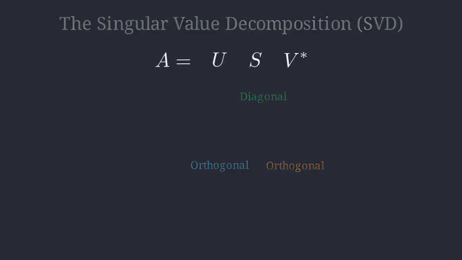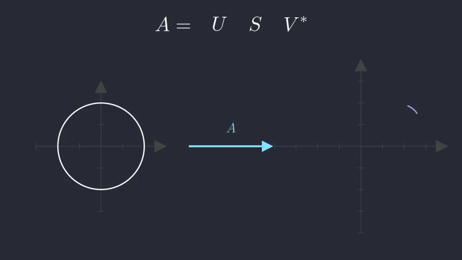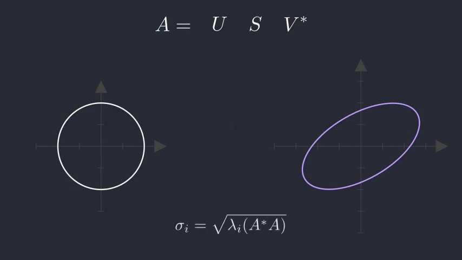Geometrically, this means any linear transformation is just a rotation or reflection, followed by a stretching along the axes, and then another rotation. The diagonal elements of S are the singular values, which are the square roots of the eigenvalues of A star A. These values tell us exactly how much the matrix stretches space in different directions.